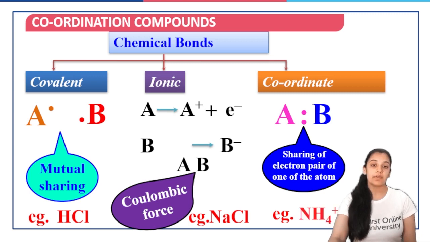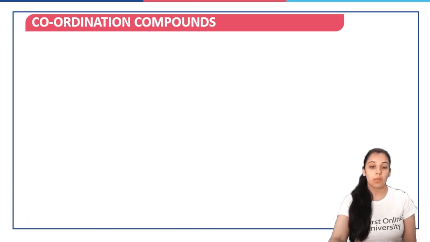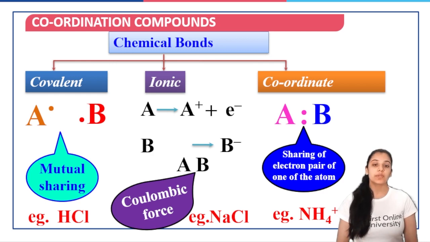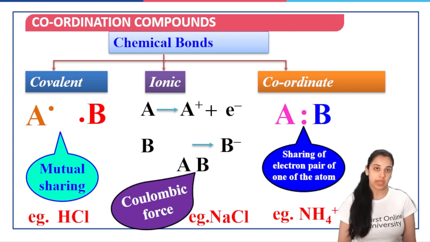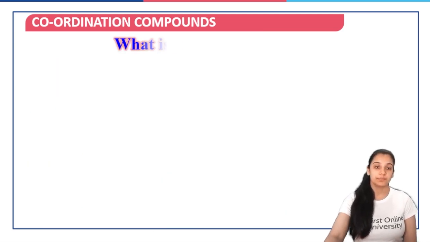The third example is that of a coordinate bond being formed between nitrogen and hydrogen. The electron pair from nitrogen is going to be shared towards hydrogen, and there is going to be no mutual sharing, and therefore we call it a coordinate bond.